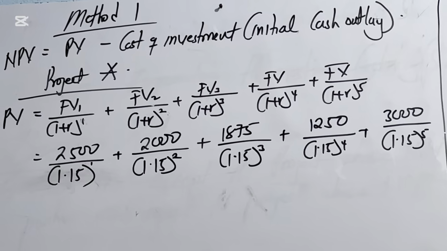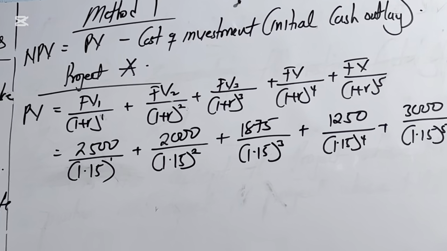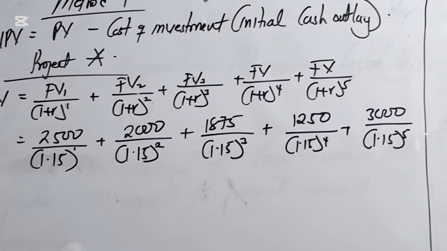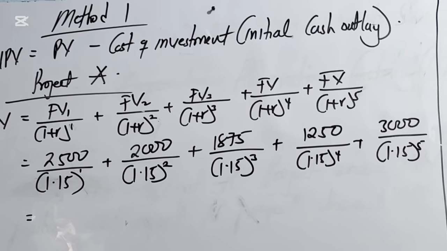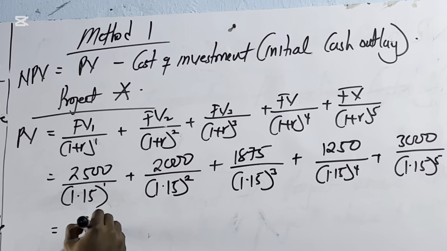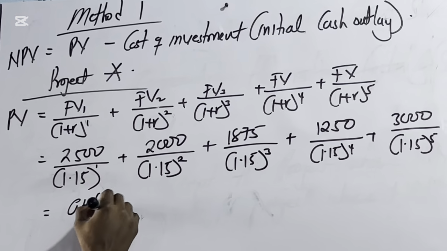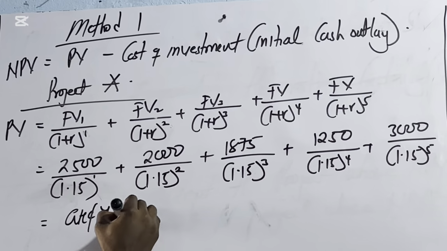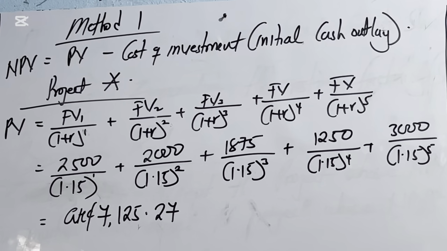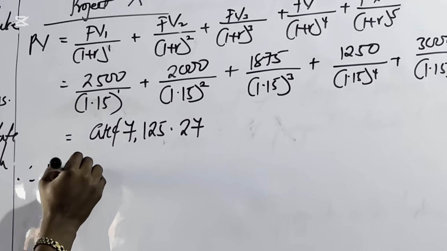So we put all of this in our calculator and we have 7,125.27.